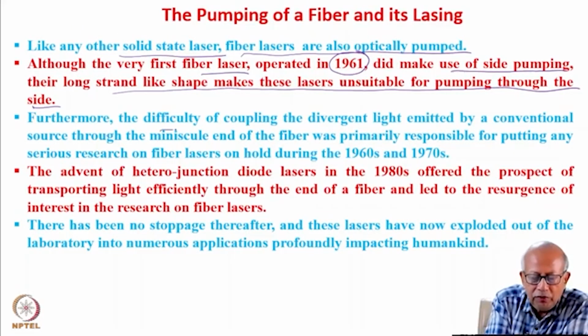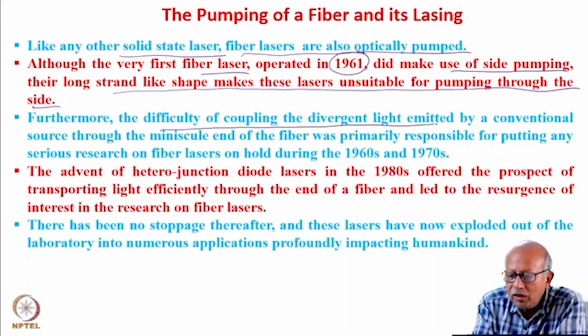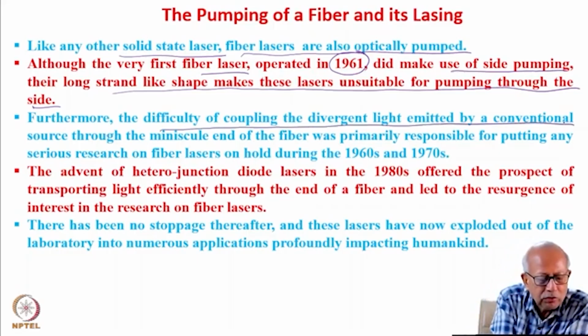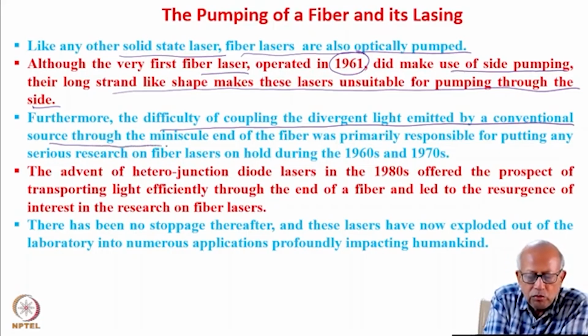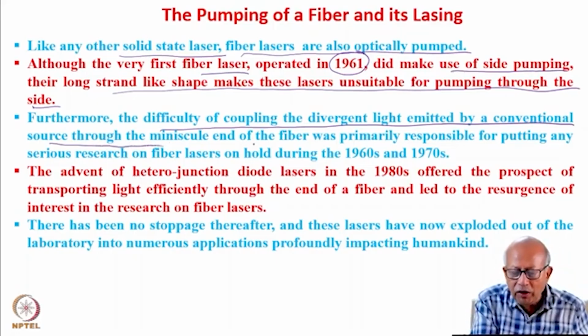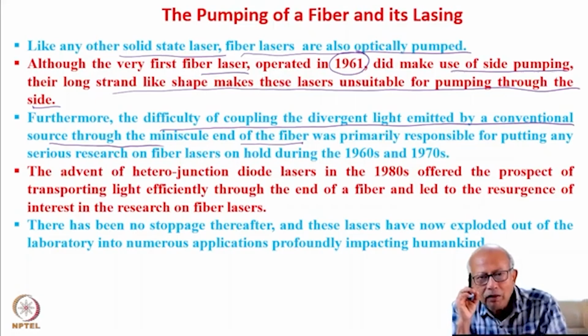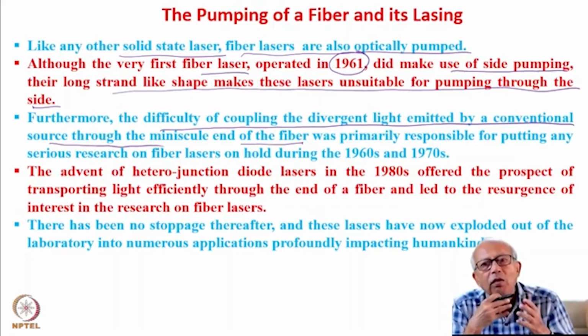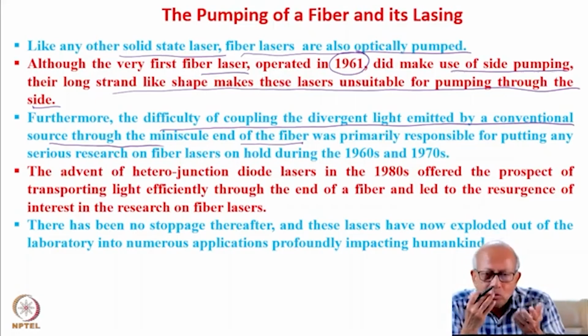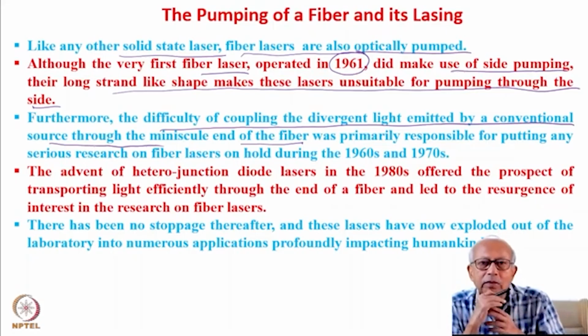Furthermore, there is the difficulty of coupling the divergent light emitted by a conventional source through the tiny end of the fiber. As I said, the fiber diameter can vary from a few microns to a millimeter, sub-millimeter.